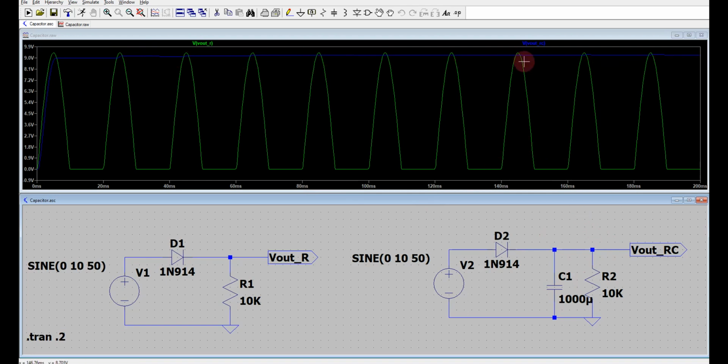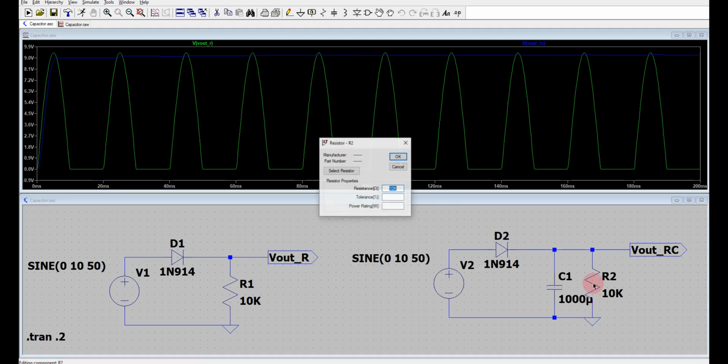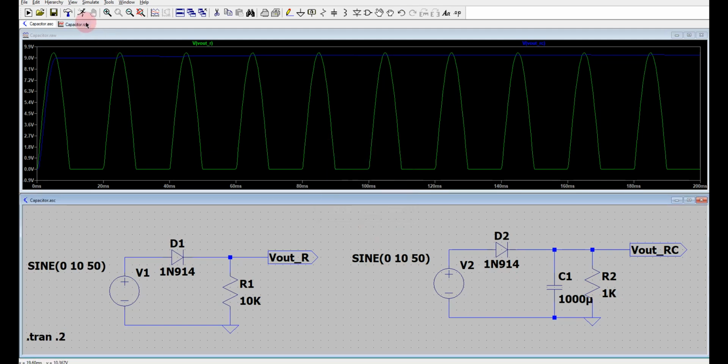Why? Because during the positive cycle the capacitance is getting charged, and during the negative cycle this source is not available, but the capacitance has adequate charge available, so it will keep giving the same voltage to the resistance. Now if I have only a 1K resistance instead of 10K, and do the simulation, you can see the voltage is now falling a little, because you are drawing more current from the capacitance during the negative cycle.